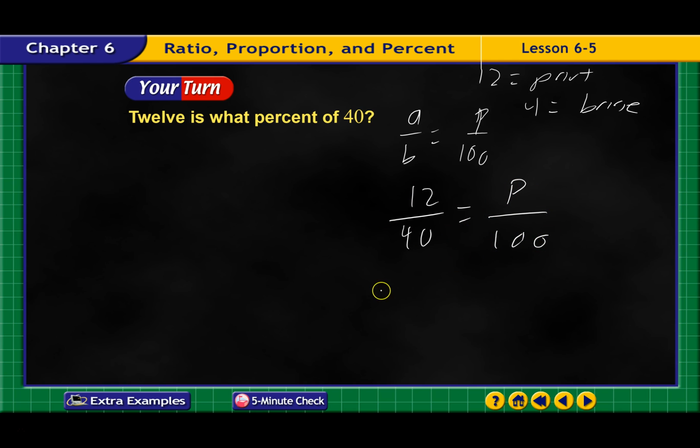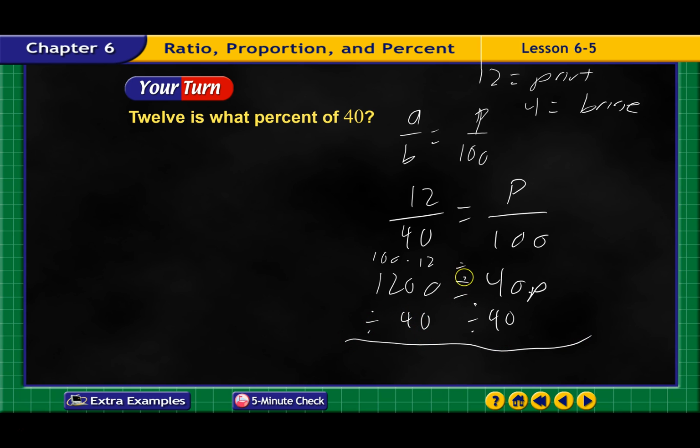Cross products, 1200 equals 40P. That's 100 times 12. From there, I'm going to divide by 40. And I love these.